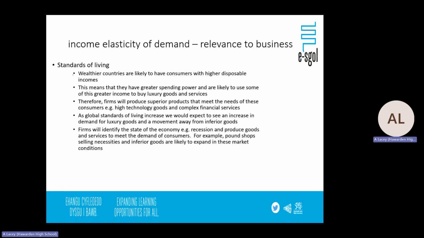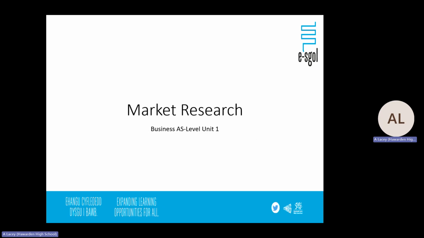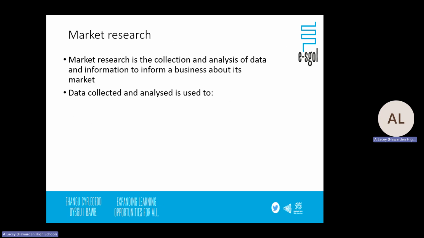As global standards of living increase, we would expect to see an increase in demand for luxury goods and movement away from inferior goods. Firms will identify the state of the economy, e.g. a recession, and produce goods and services to meet the demand of consumers. For example, pound shops selling necessities and inferior goods are likely to expand in these market conditions. So we're going to have a little look at market research now for Unit 1.